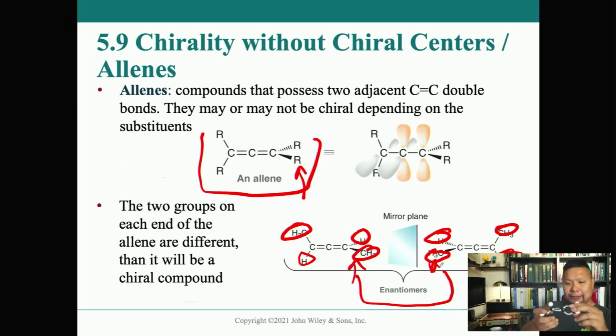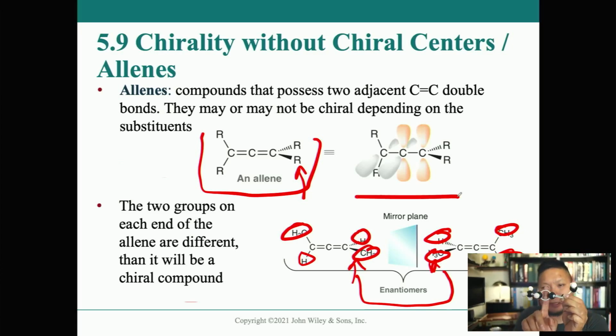So here's allene built, right here. And as you can see, the drawing of allene is just this part right here with R groups on it. It looks pretty symmetrical. But when you turn it, you can see that the bonds are perpendicular to each other from one carbon to the next. So that shows that the p orbitals are actually perpendicular to each other.